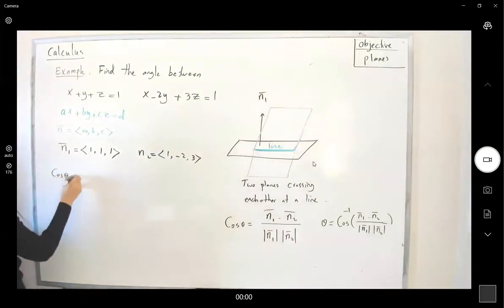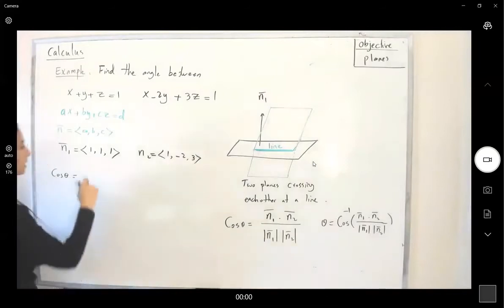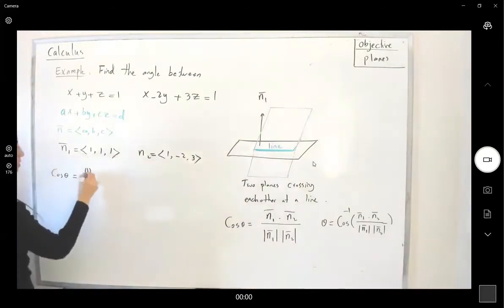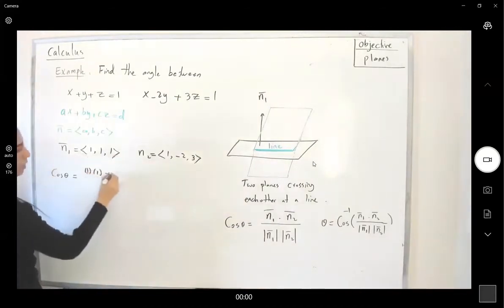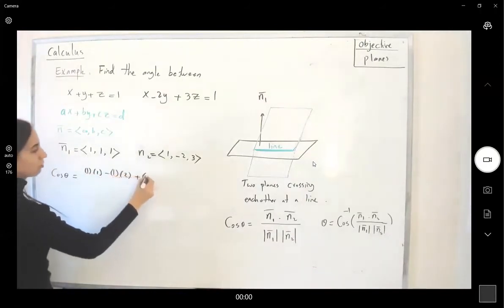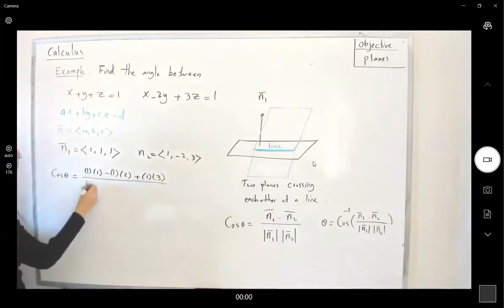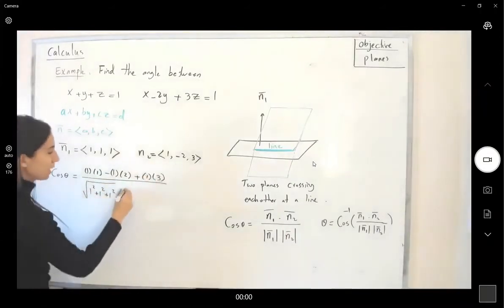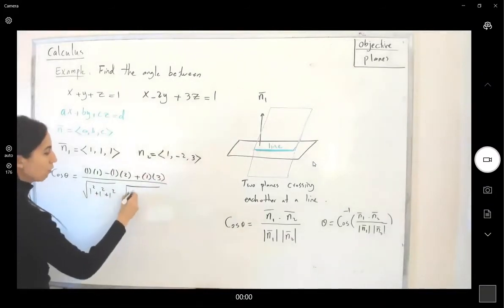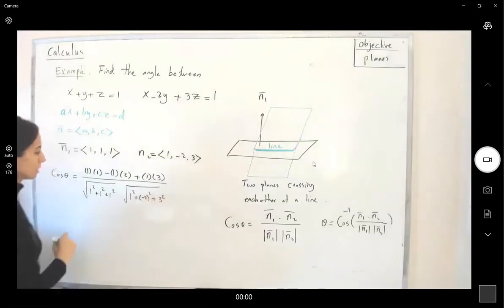Cosine theta can be written as the dot product between these two vectors: 1 times 1, minus 1 times 2, plus 1 times 3, divided by the magnitude of n1, square root of 1 squared plus 1 squared plus 1 squared, and the magnitude of the second vector, square root of 1 squared plus negative 2 squared plus 3 squared.